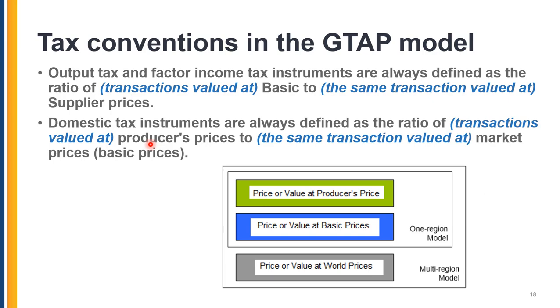But think of it as the payer prices relative to the market prices. If we keep these two conventions in mind, we'll always be getting taxes of one type, which is the power of the tax greater than 1 when we evaluate the two ratios.